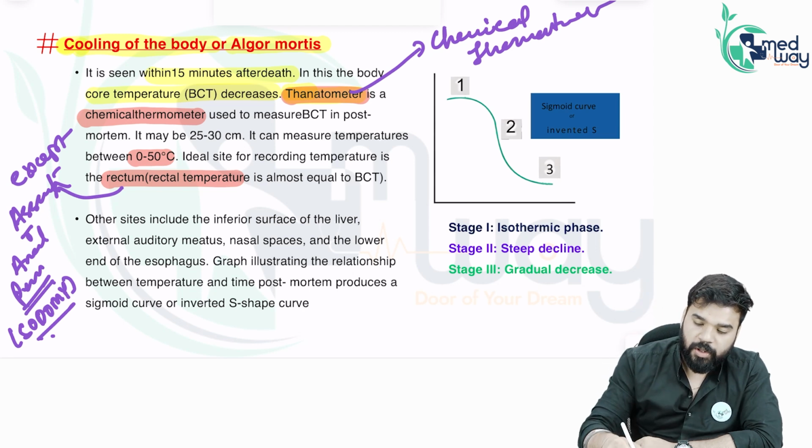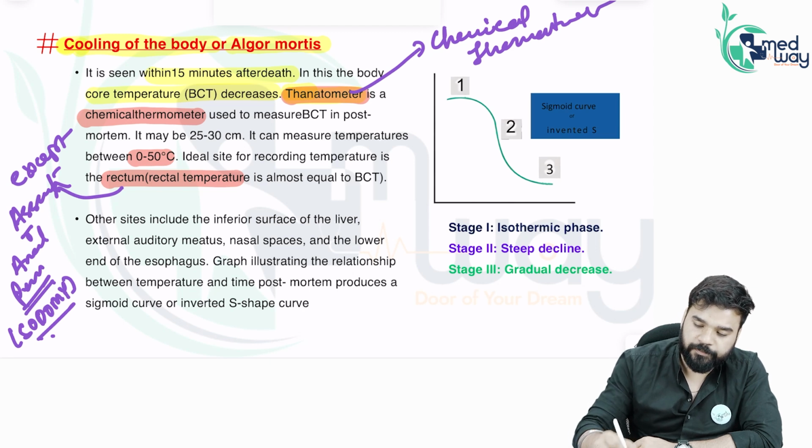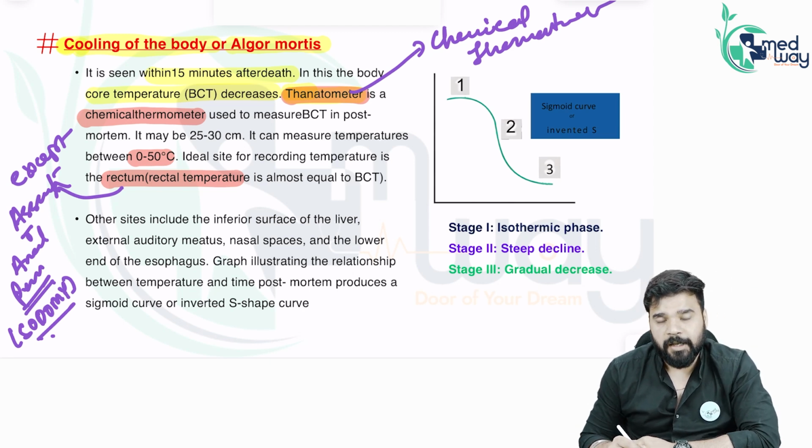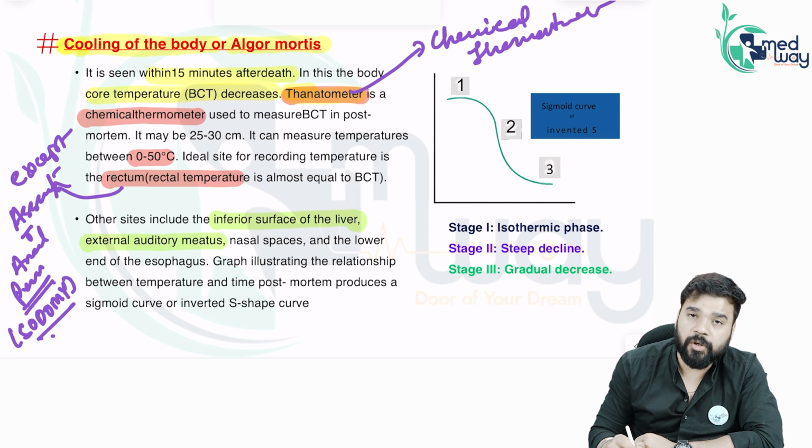Now what are the other sites which are used to measure the temperature? It is the inferior surface of the liver. Then external auditory meatus, nasal spaces, and the lower end of the esophagus.